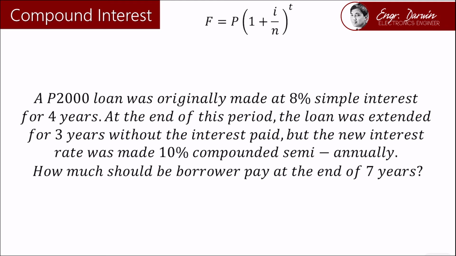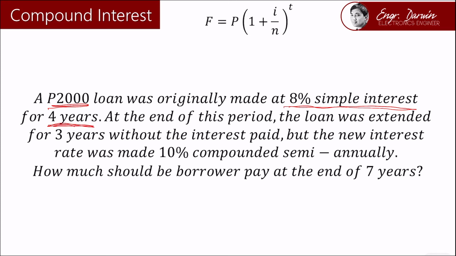How about this problem? And this will be the last one on this tutorial. The problem is we have a 2,000 peso loan that was originally made at 8% simple interest for 4 years.